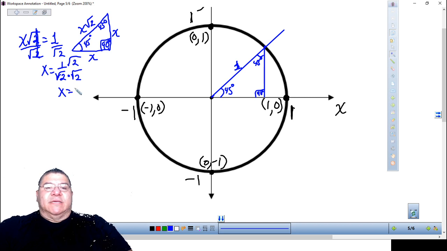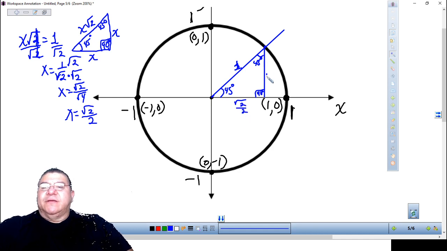So that means x is square root of 2 over... what is 2 times 2? Square root of 4. So x equals square root of 2 over 2. So that means from here to here is square root of 2 over 2.